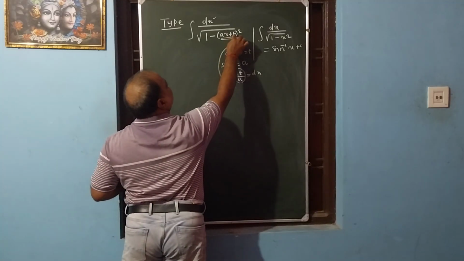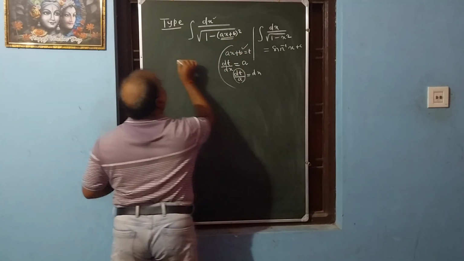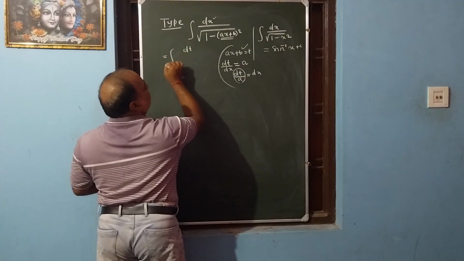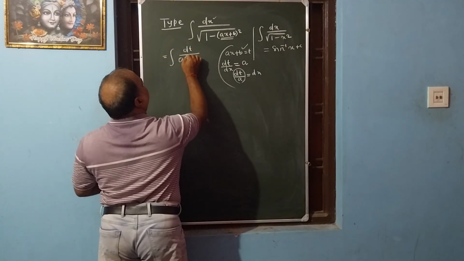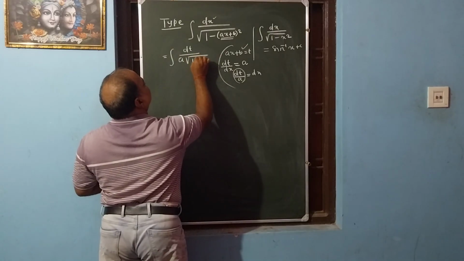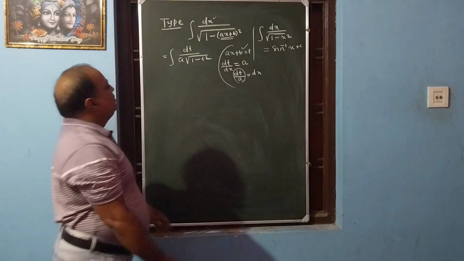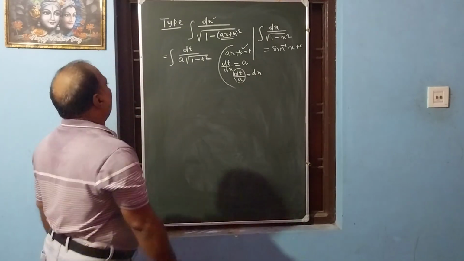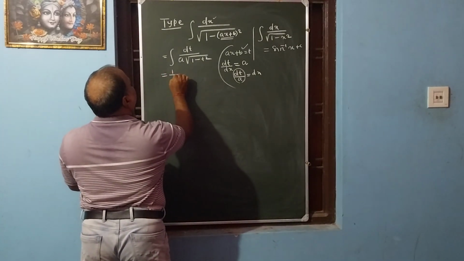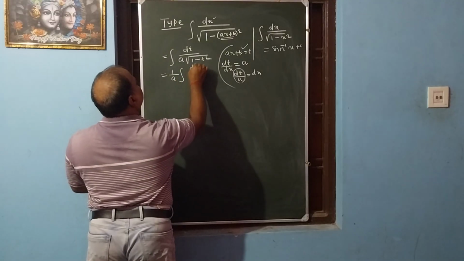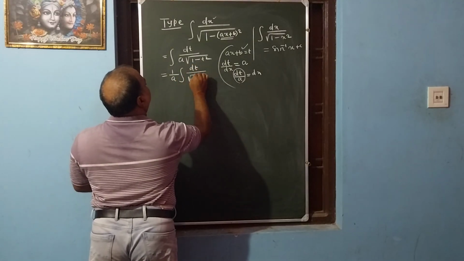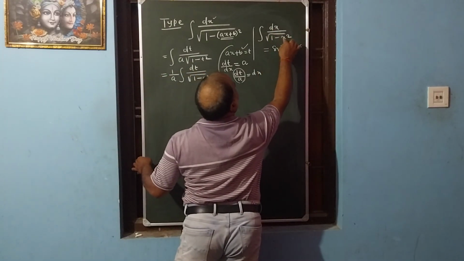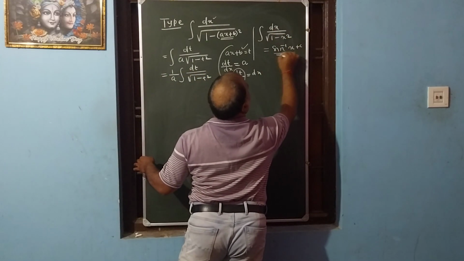Now in place of dx we have to write dt by a, and in place of ax plus b we have to take t. So we get the integration of dt by a upon root of 1 minus t square. So 1 by a is a constant that will come outside of the integration. So we get 1 by a integral of dt upon root of 1 minus t square. You will see dx upon root of 1 minus x square equals sine inverse x plus c.